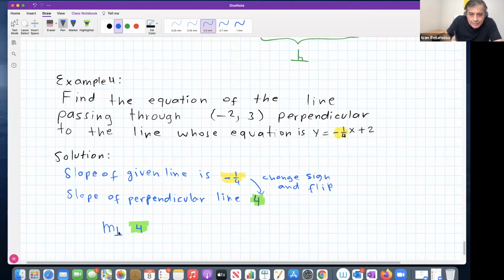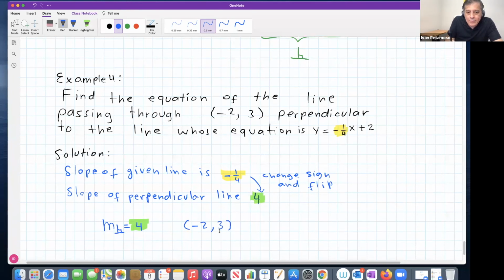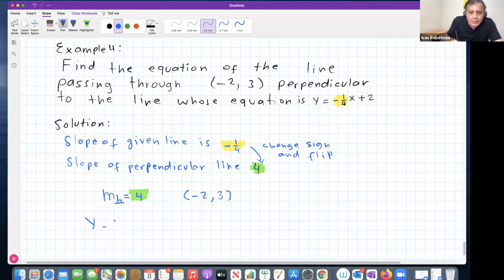So a slope of the perpendicular line is 4. Great. And the point is this. They want your perpendicular line to go through this point.